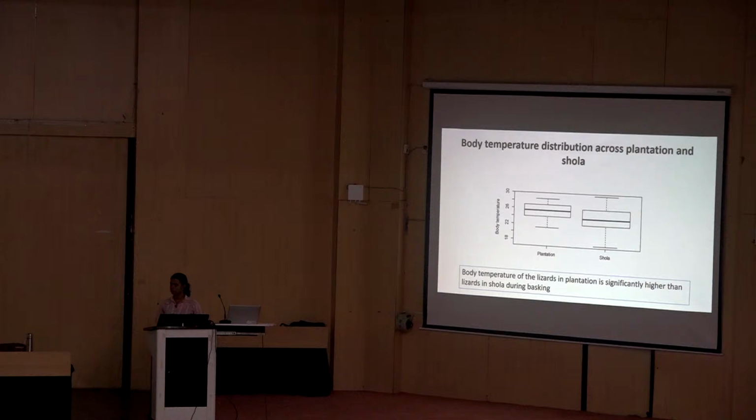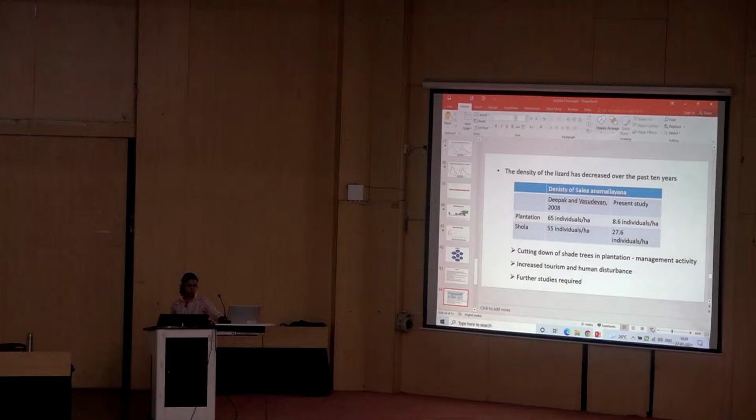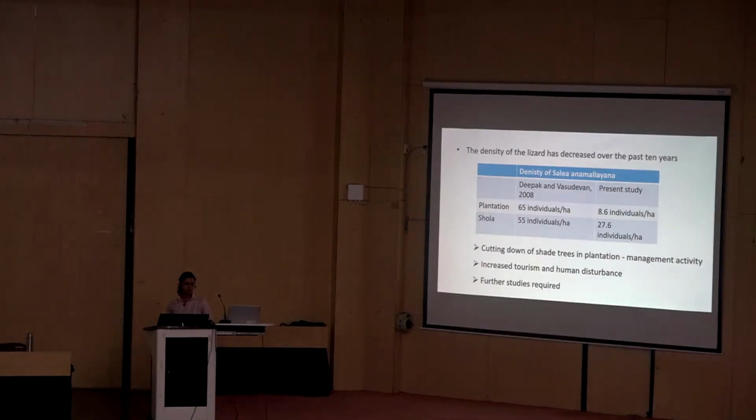There was a study by Deepak Givakar, which was done, I think, 20 years back, on the same Salea species. There is a reverse trend there. The plantation shows 65, while the shola shows 55. But in your study, it is the other way around.